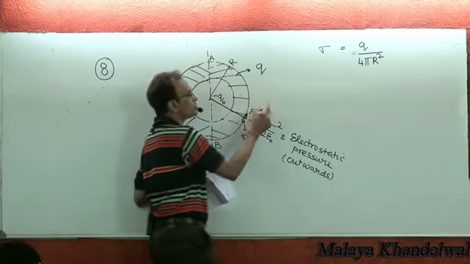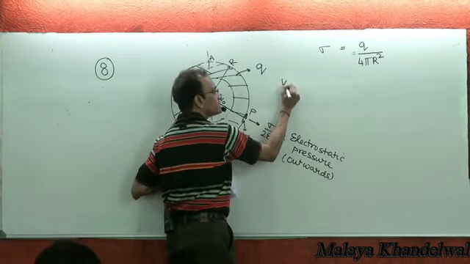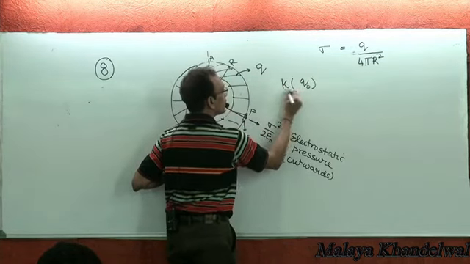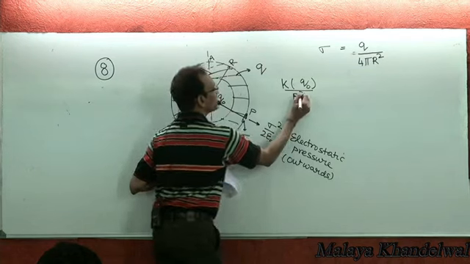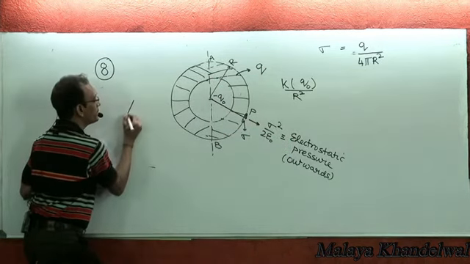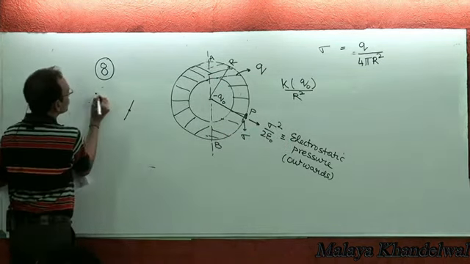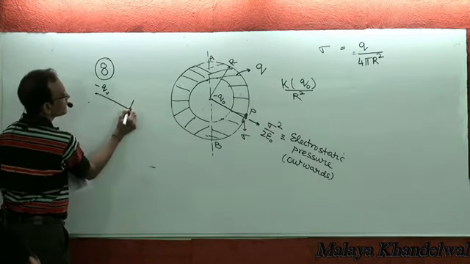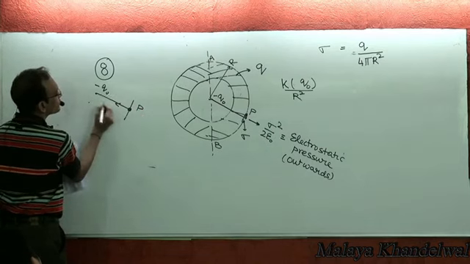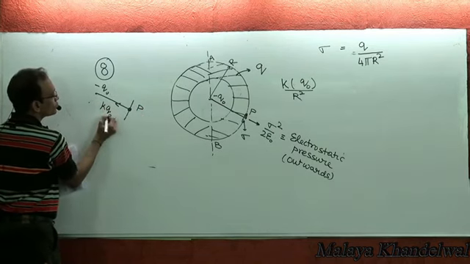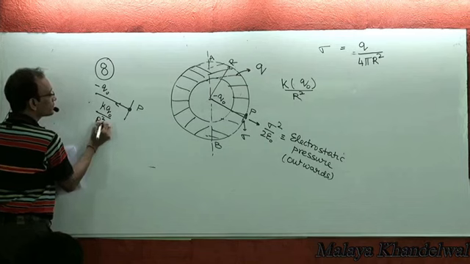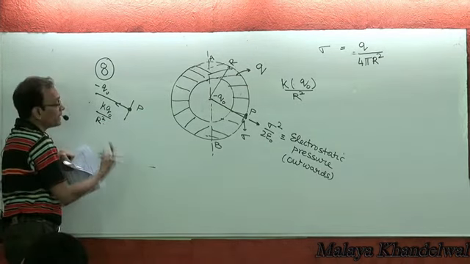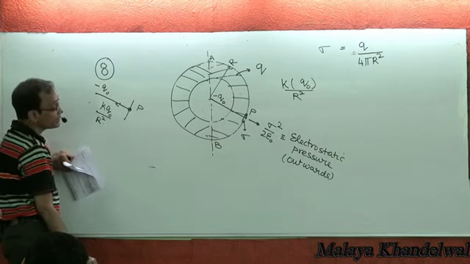What's the electric field because of minus Q naught at this point? K times Q naught divided by R squared. That's the electric field at P, because of minus Q naught. That is force per unit charge acting at P, right?